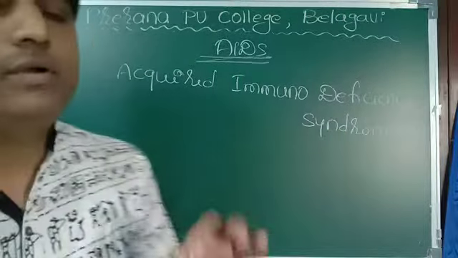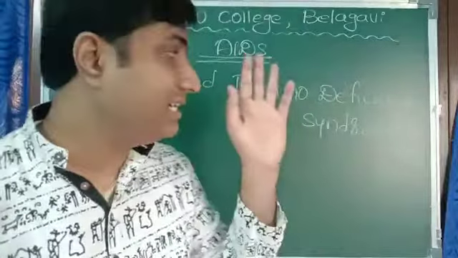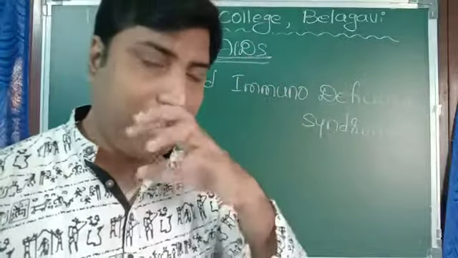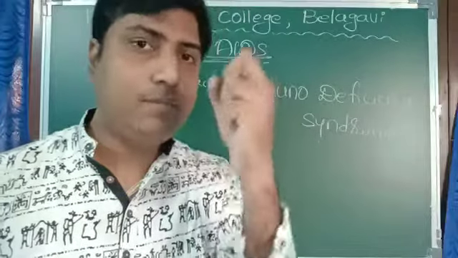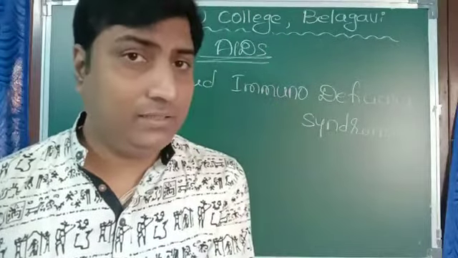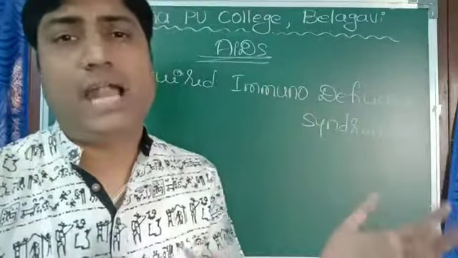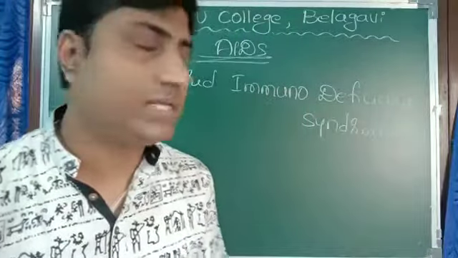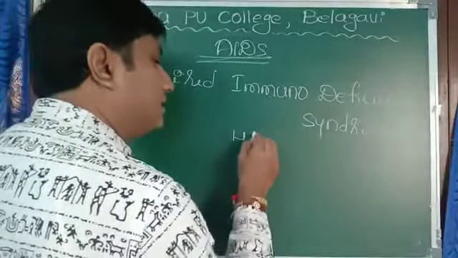So this is the full form of AIDS. It means that whatever immunity we have will get spoiled, will get destroyed. And once the immune system gets destroyed, then we are prone to attacks of various pathogens and diseases, and it is caused by a virus called HIV.